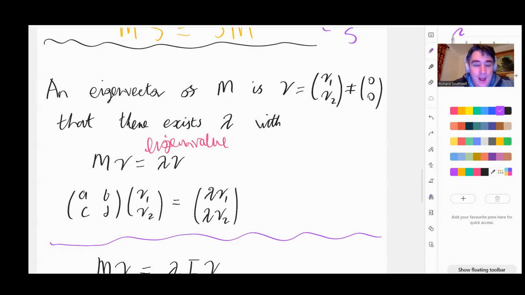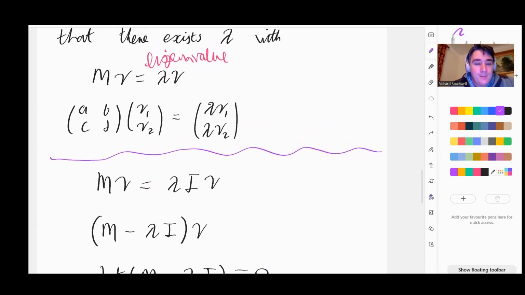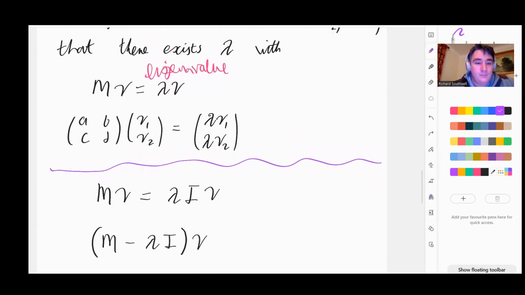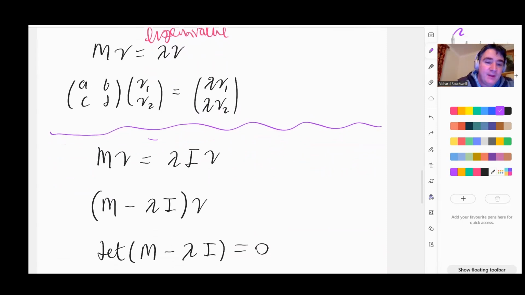So anyway, how do we determine what these eigenvectors and eigenvalues are? Well, basically, this is the most important equation here, and we can rewrite it like this. We've just stuck an identity matrix in here.